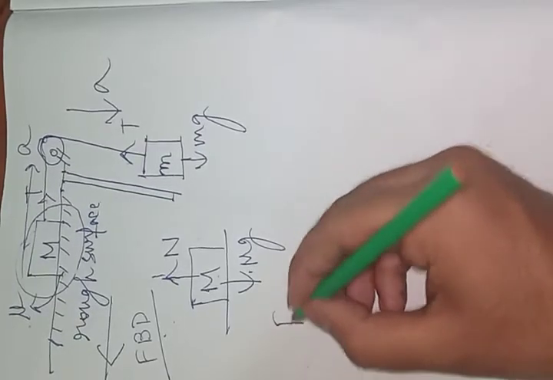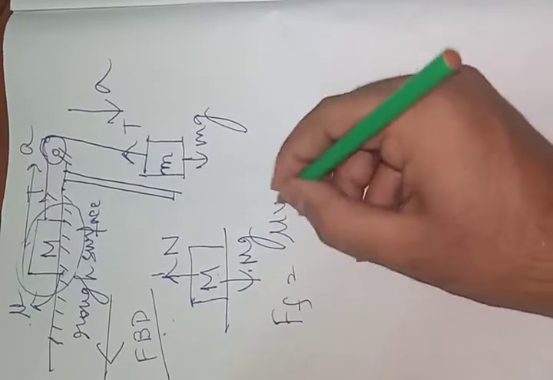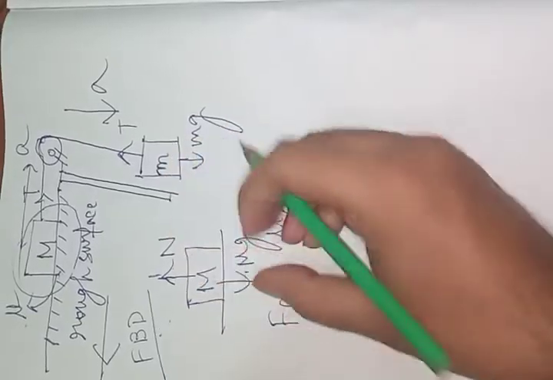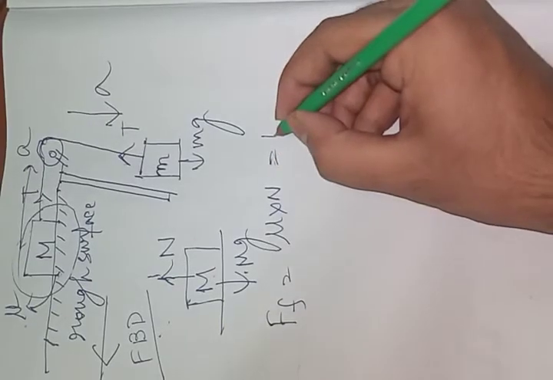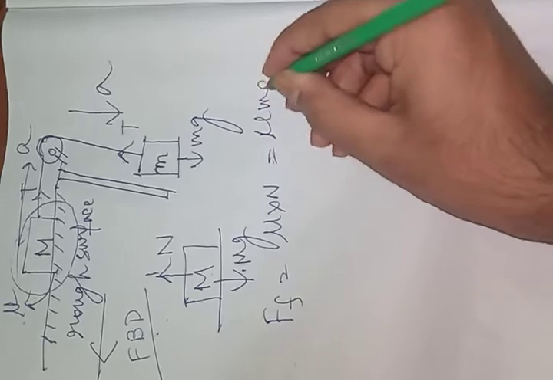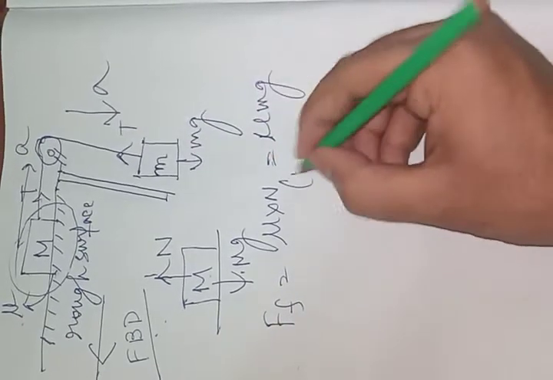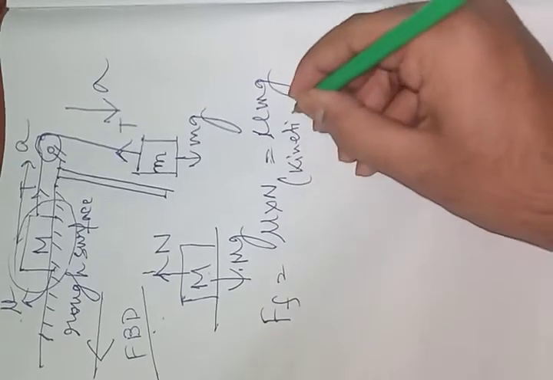So the frictional force is mu times n, and here n is equal to mg, so we can say mu mg, and that is, guys, the kinetic friction. This is the kinetic friction.